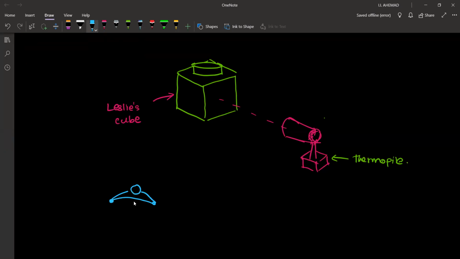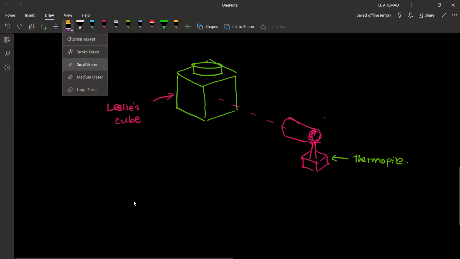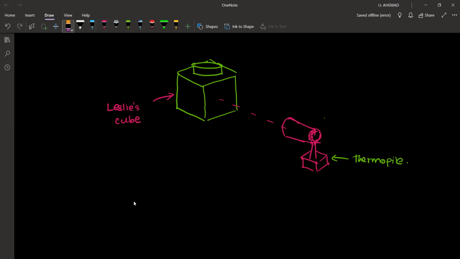So this is a millimeter. We have two different wires.